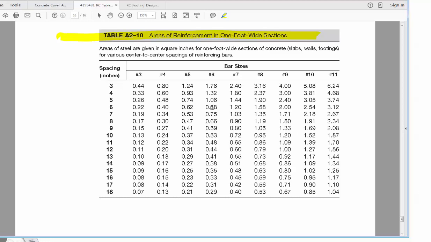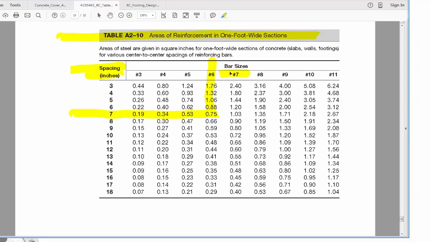0.75 is the intersection of number 6 bars at 7 center spacing. See, this is spacing of the bars, and this is the bar number.